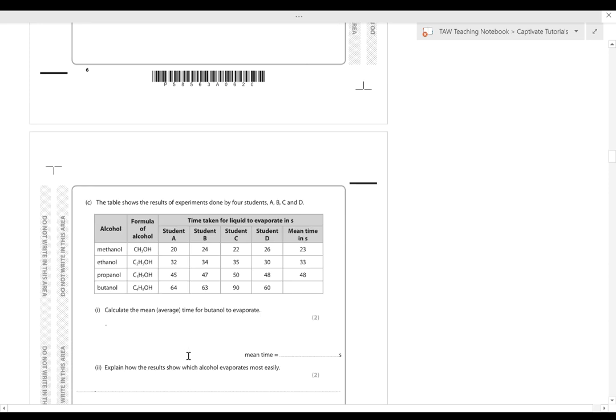Okay, moving on. So I'm going to calculate the mean or average time for the butanol to evaporate. So this row here. Now if we look at these, we've got a value of 64, 63, 90 and 60, and we should be able to identify that 90 here is an anomalous result. So that means that we do not include it in any calculation of a mean or an average.